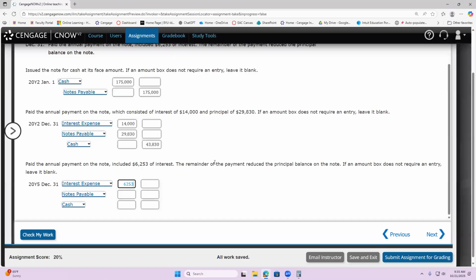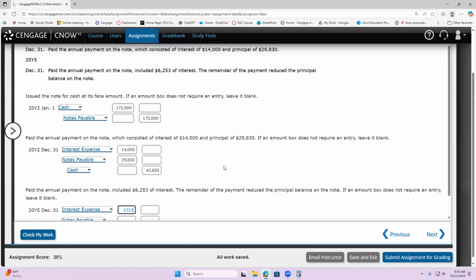Oh, here's where they're kind of being mean to us. So we don't know what the principal balance is, right? So we know our first transaction. We borrowed $175,000. So we had a carrying value on that note of 175,000.